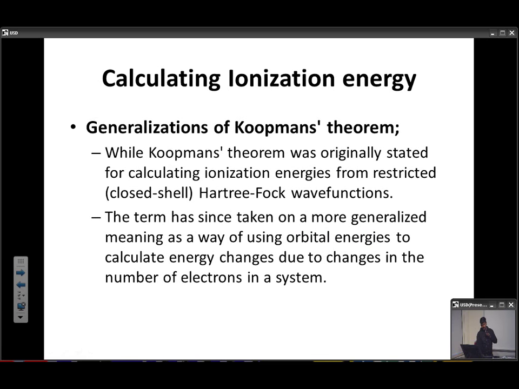In the same way, to calculate the ionization energy, we can't directly extract the ionization energy from the information in the log file, but by generalizing Koopmans' theorem, we can find out the ionization energy of titanium.